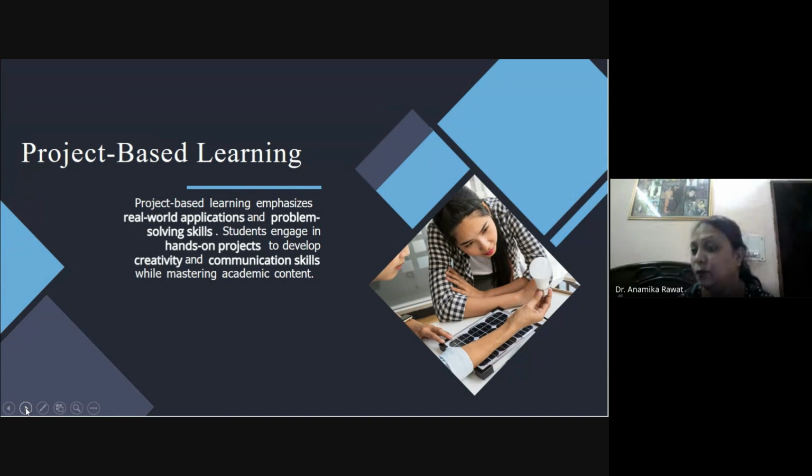They go to a different company, collect data, make a project, and give a viva. This is a project, but it is not project-based learning. In today's scenario, we have to focus on project-based learning, where we emphasize that students cope with one idea.